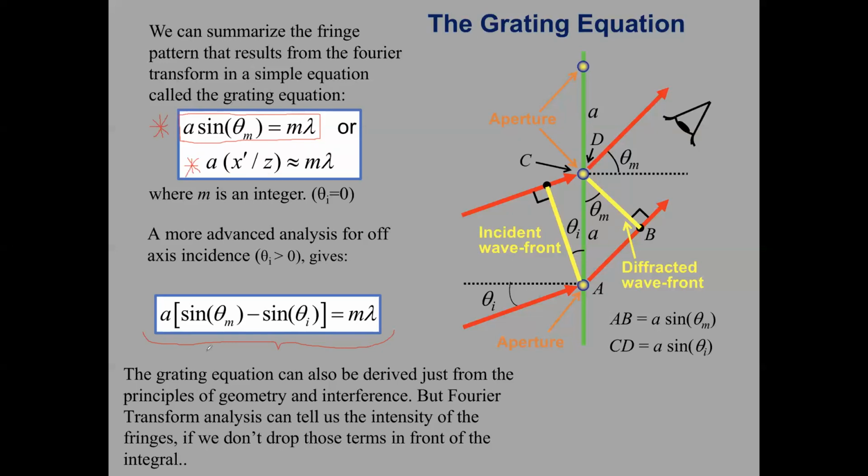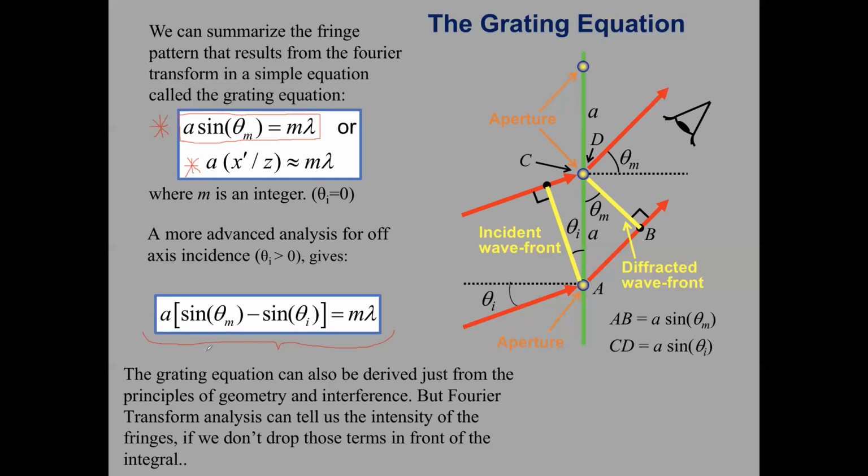But now you know that this equation is built as a summary of this pattern we get from the Fourier transform of the diffraction grating aperture. This result can also be derived just using geometry. I think it's the less interesting way to do it, and you learn less physics that way.